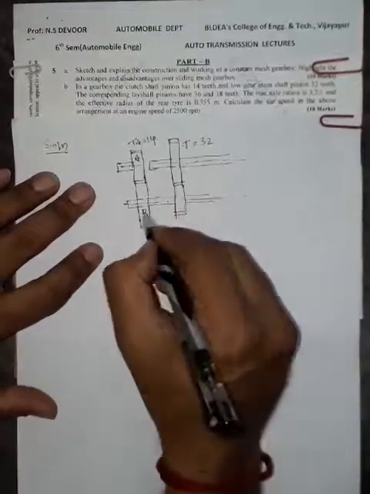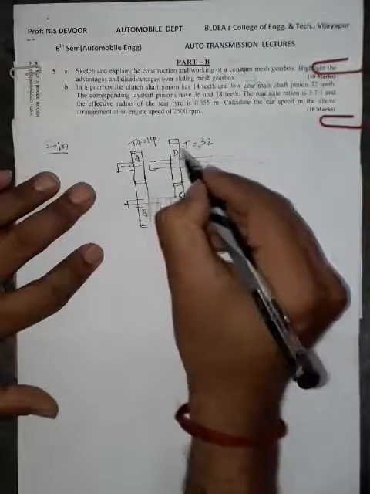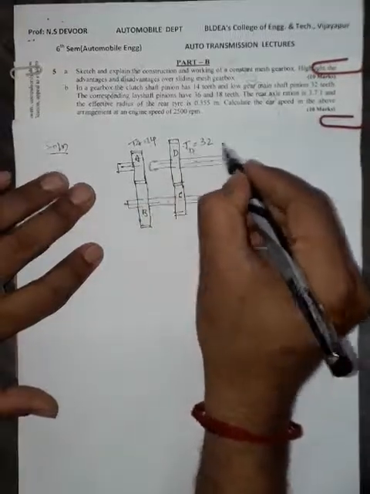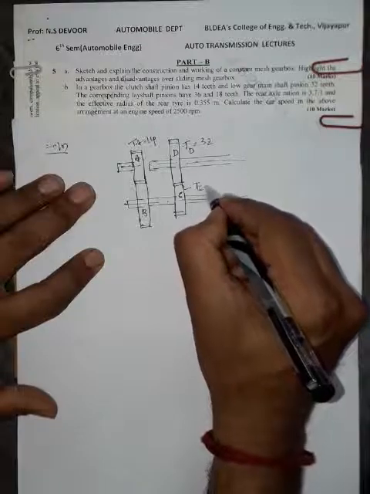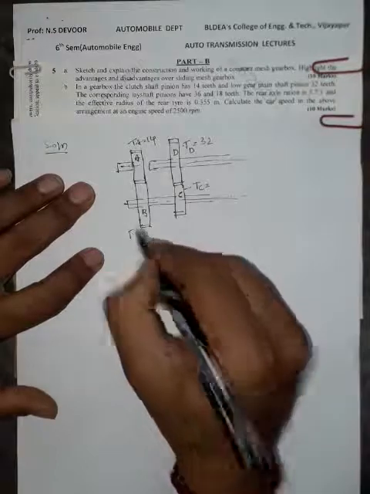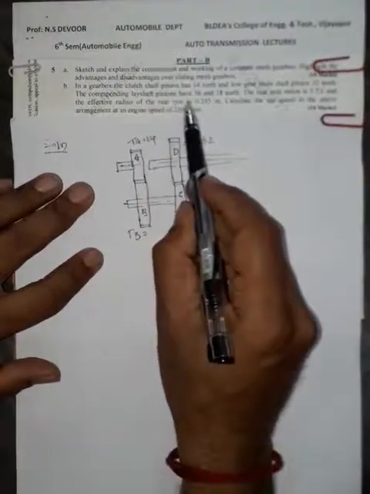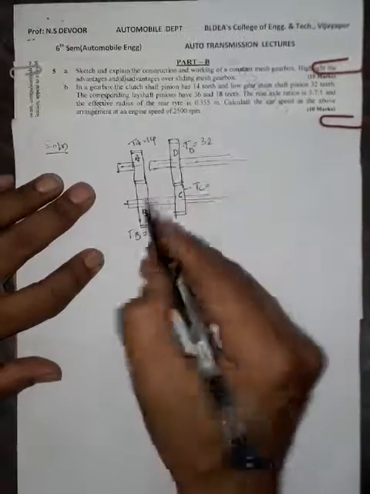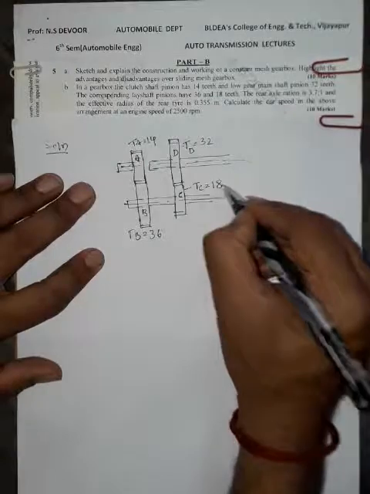Now I will call this gear C, and let us call this D. So TD is equal to 32, this is TC, and this is TB, the teeth of gear B. And what have they given here? Corresponding lay shaft pinions have 36 and 18 teeth. This is having 36 and this is having 18 teeth.